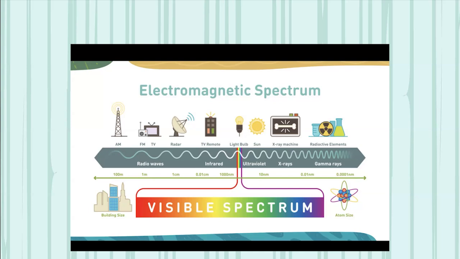In this visible spectrum, we can see different colors. But just before this visible spectrum, we have R, G, B, and then we have ultraviolet, and before R we have infrared bands.